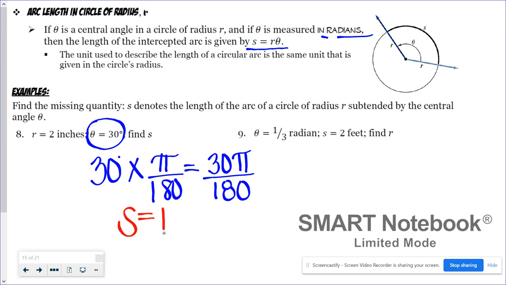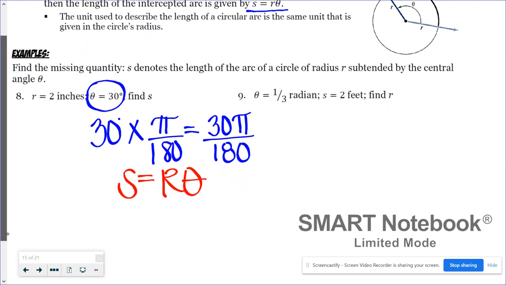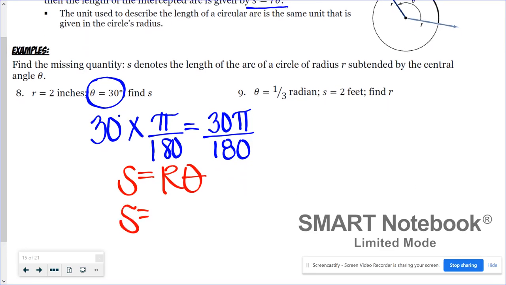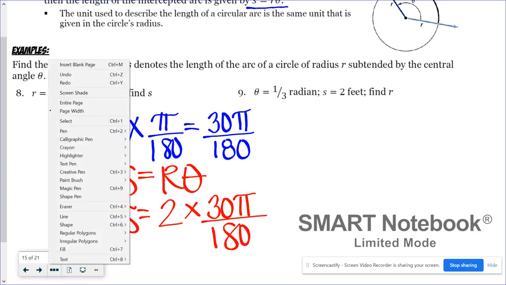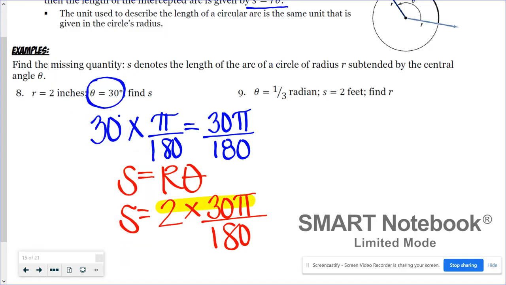The arc length S is equal to R, the radius, times theta. And so here we would have S is equal to the 2 inches times the 30 pi over 180. And then we can do the math to come up with the arc length. So I can multiply what's on top first.